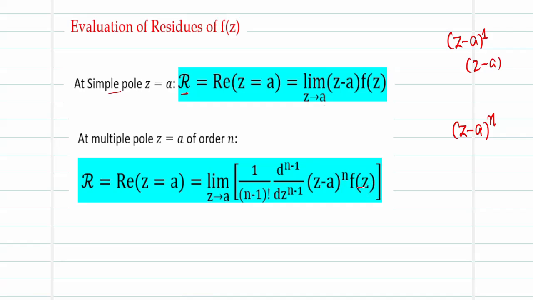Now also this f of z will contain a z minus a power n. When you multiply by this factor, it will get cancelled off and the remaining quantities will be estimated at the value z is equal to a.